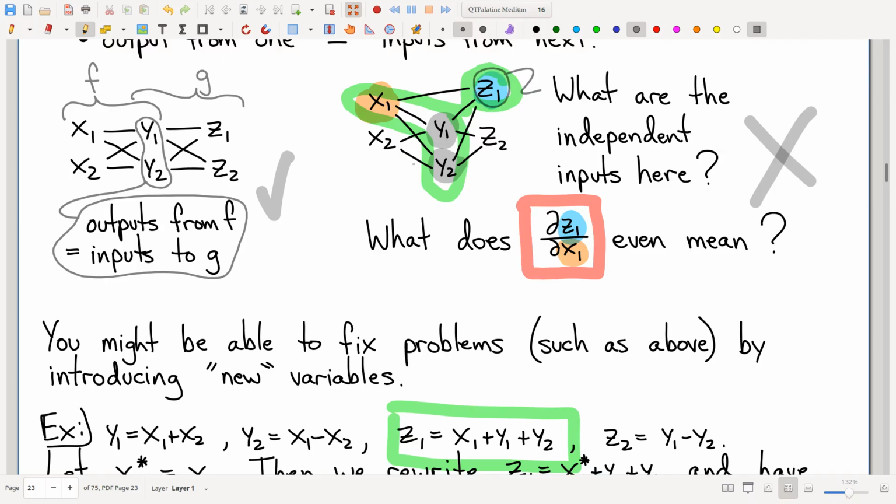But this story that I've got now highlighted in this diagram suggests that while I keep track of how much z1 is changing when x1 is changing, I have to do that while not allowing y1 and y2 to change. But wait a minute, y1 depends on x1. So whether we like it or not, when you start changing x1, y1 and y2 are going to change.